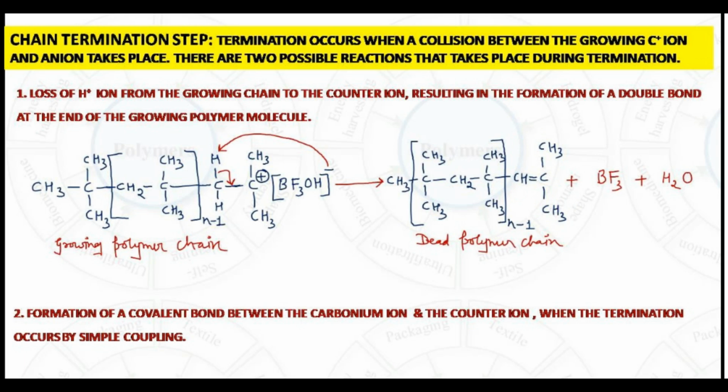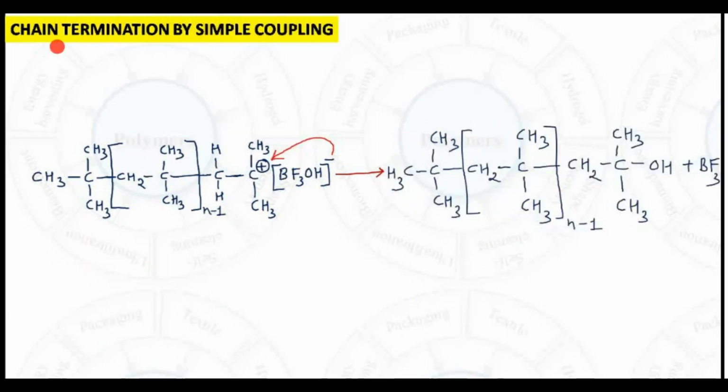And the second way is the formation of a covalent bond between the carbonium ion, that means this positive charge, and the counter ion, that means this one, when the termination occurs by simple coupling. So the last is chain termination by simple coupling. So this is your H positive, this is your BF3OH negative.